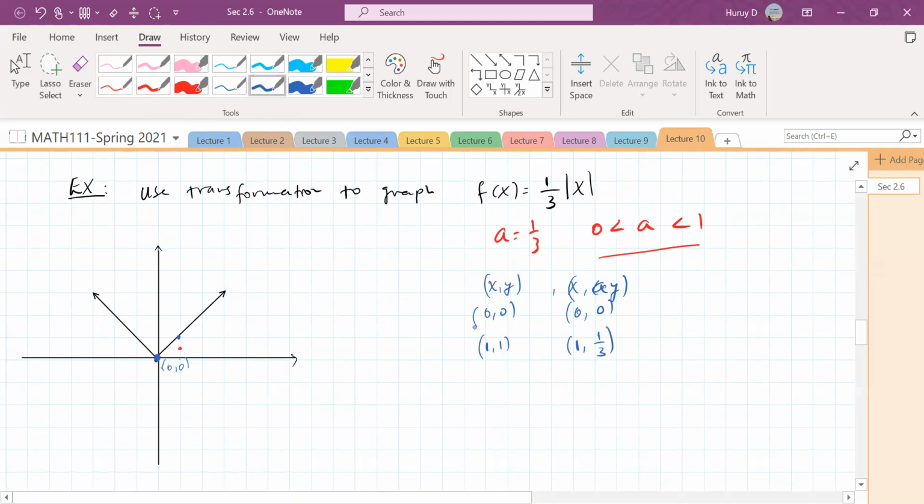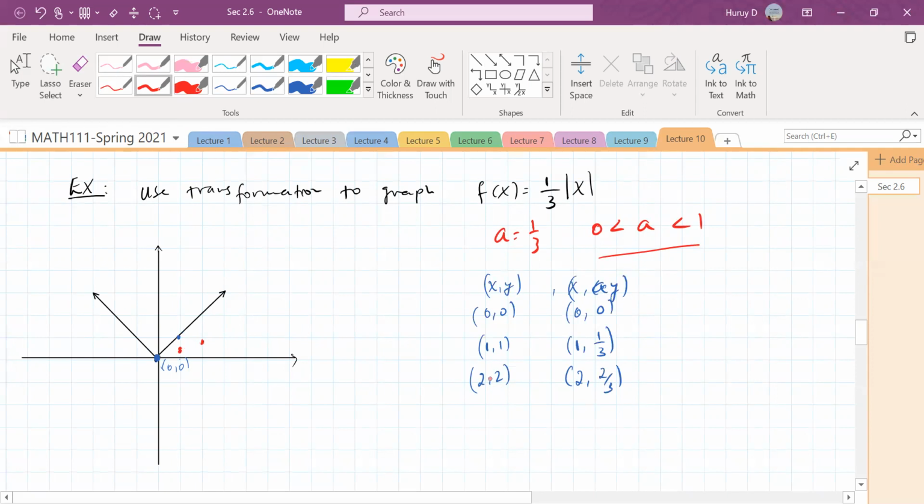Okay, and then let me take this one. This is 2, 2. If we have 2, 2, then this will be 2, 2/3, which is somewhere in here. Maybe this is a bit high. Yeah, it should go a bit lower.